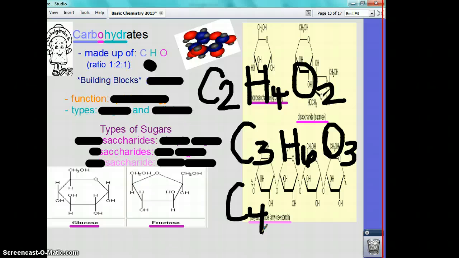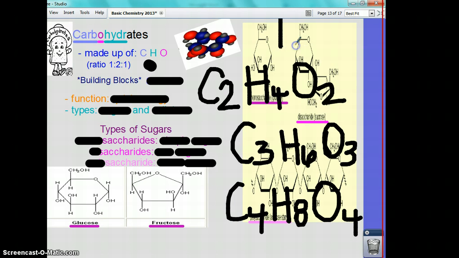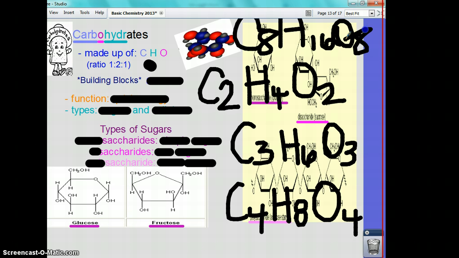Multiplied by 2, so H8 and O4. Good. So I can give you any number. You're going to double the hydrogens and keep the oxygens the same. Or if I give you the hydrogen, let's try that. H16. C8. And oxygen 8. Okay?